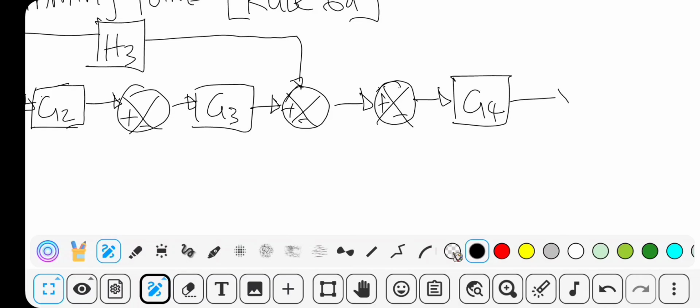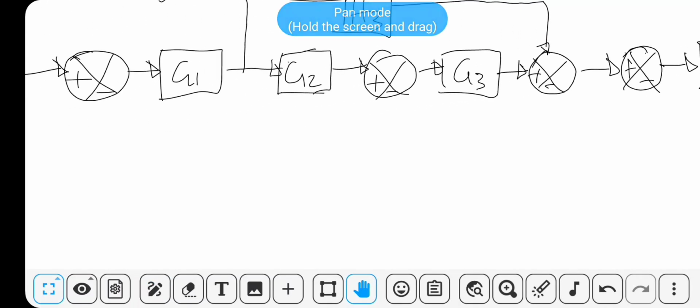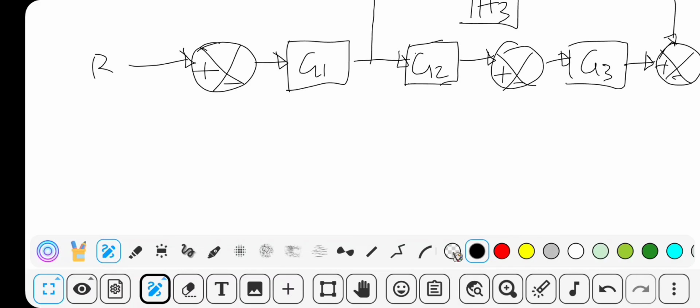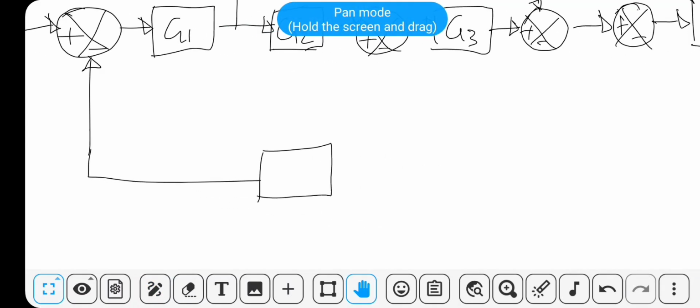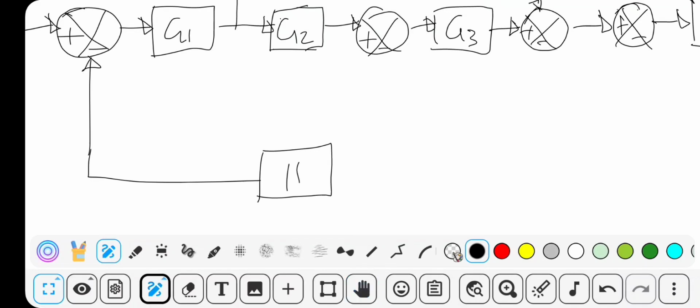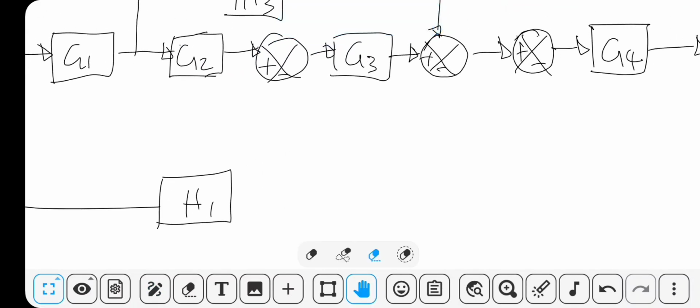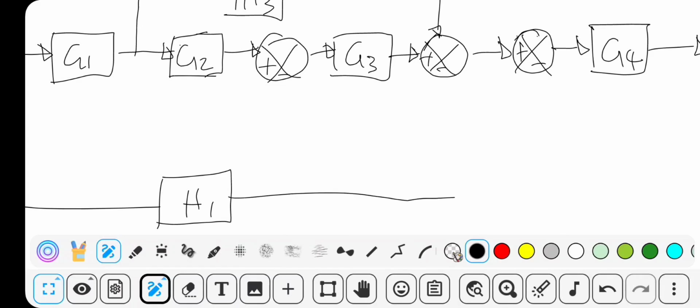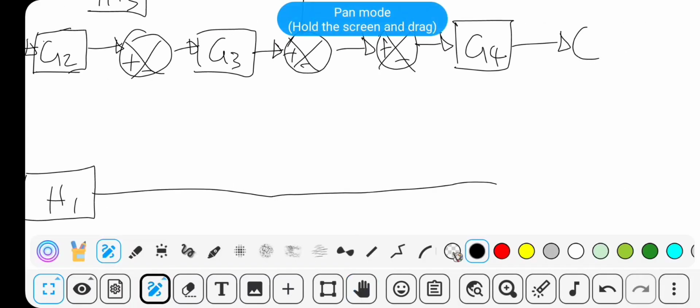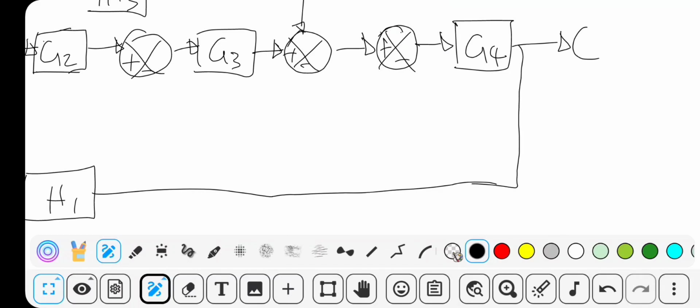G4, C output, arrow is the input, H1, G3 H2.